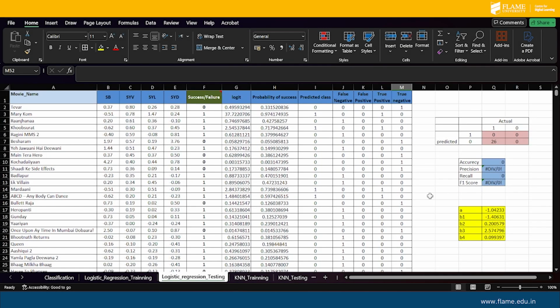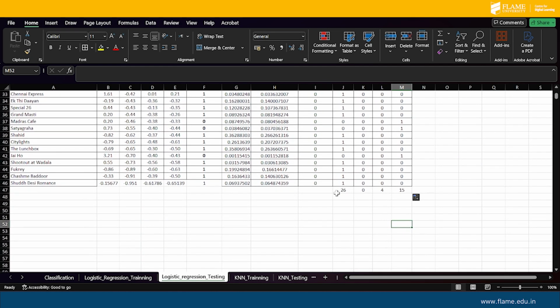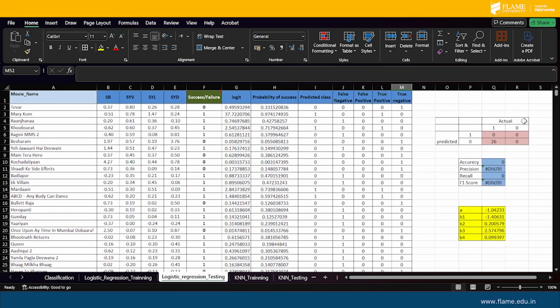Now again these values should be assigned to this particular confusion matrix. A confusion matrix is a type of representation of your prediction, where you check whether you have successfully predicted your ones as 1 or successfully predicted 0 as 0. These diagonal values are the right predictions, and the other diagonal values are the wrong predictions.